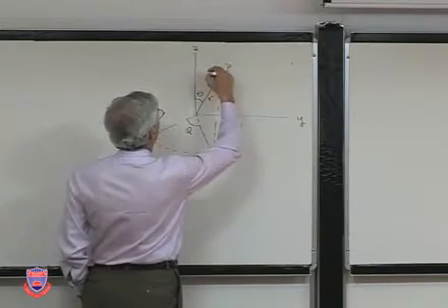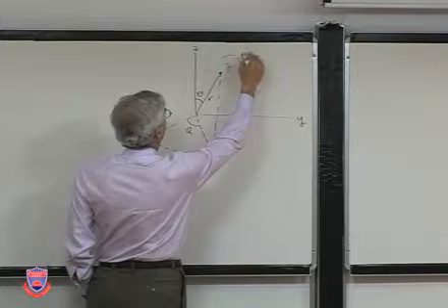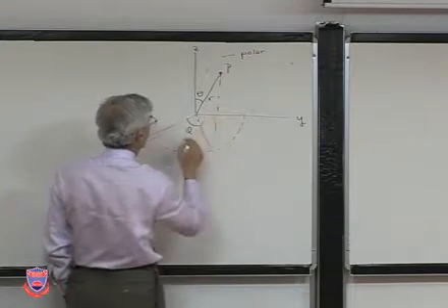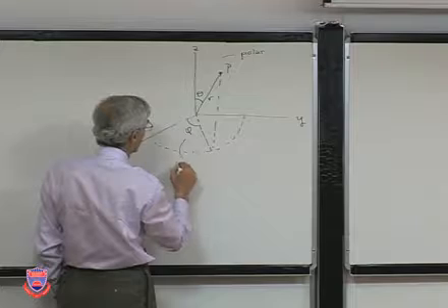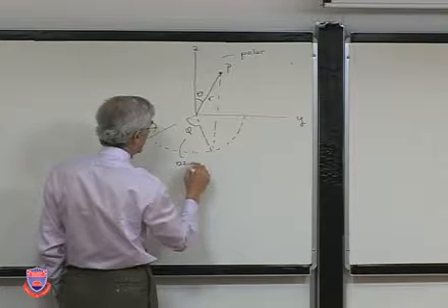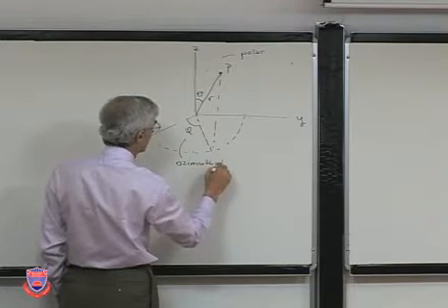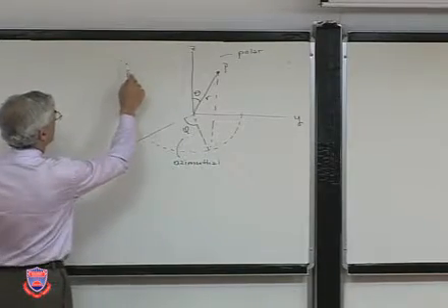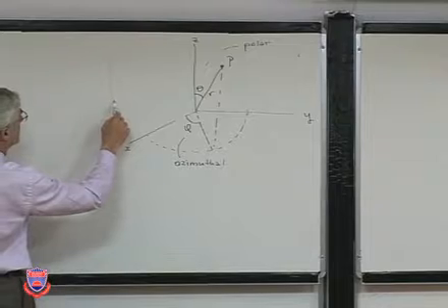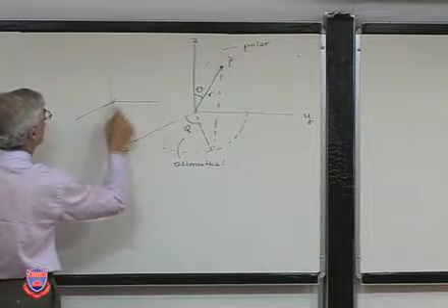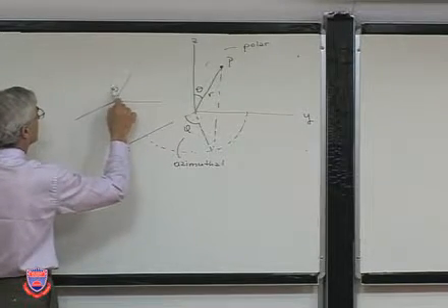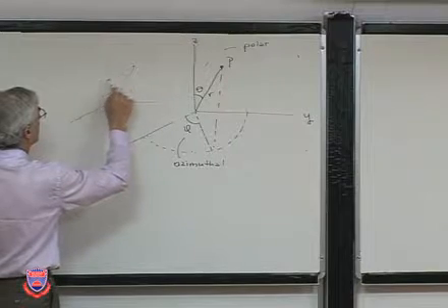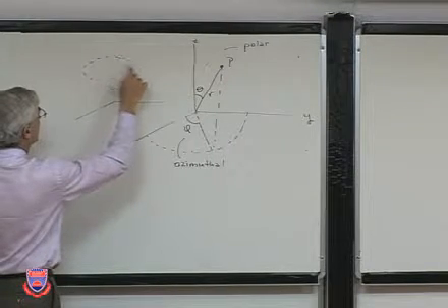Theta is what we would call a polar angle, and phi describes the azimuthal angle of the object. So theta, in fact, defines a circle.